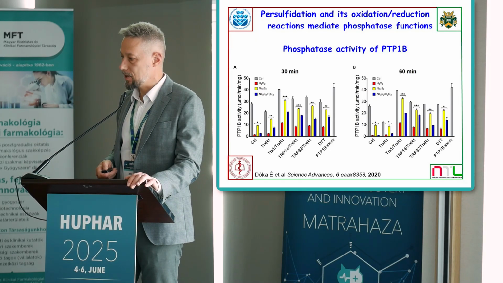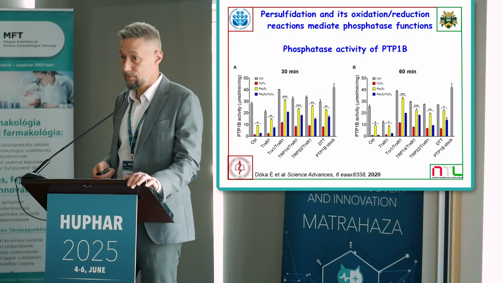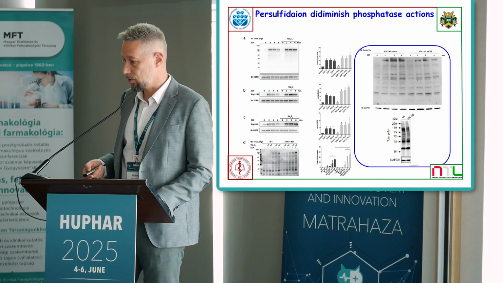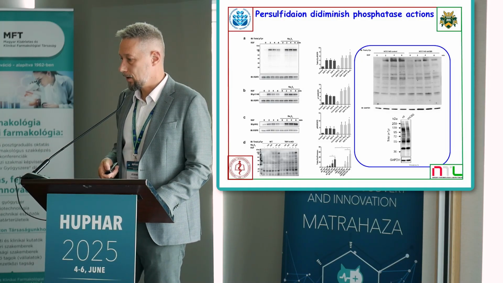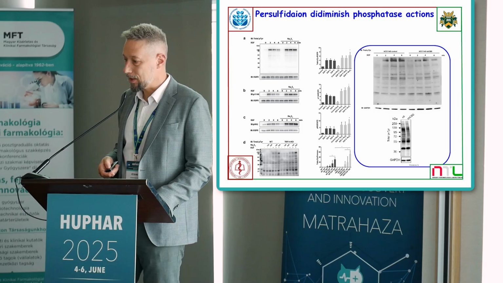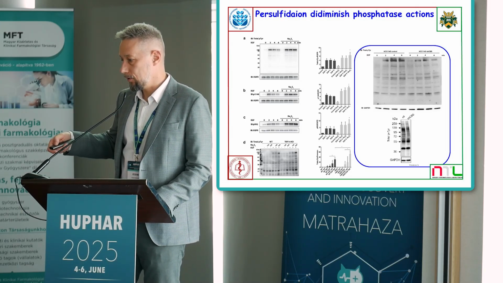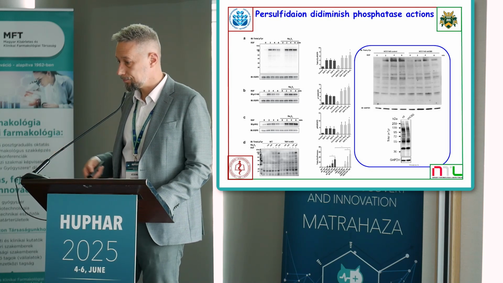For example, for PTP1B, we could show that persulfidation is inhibitory, as well as for other phosphatases, which are very important in tumor cell progression. And in tyrosine phosphorylation, we could demonstrate that phosphatases like PTP1B, PTEN, and others play a major role. Persulfidation of these phosphatases can inhibit their functions.